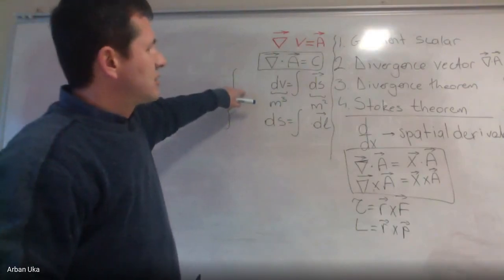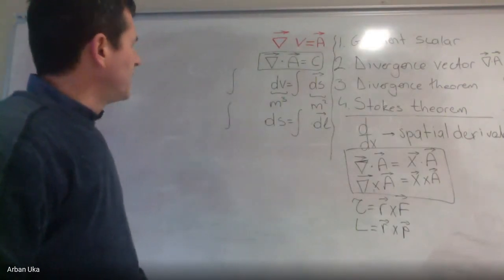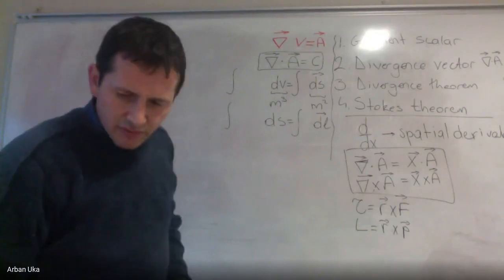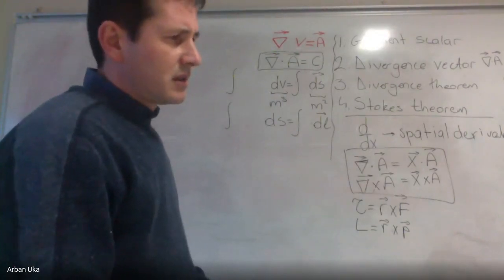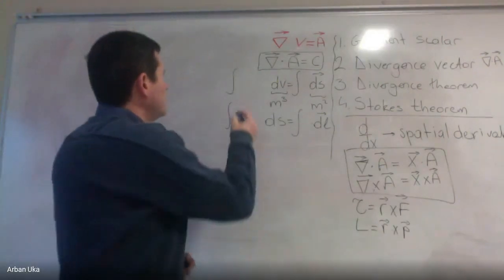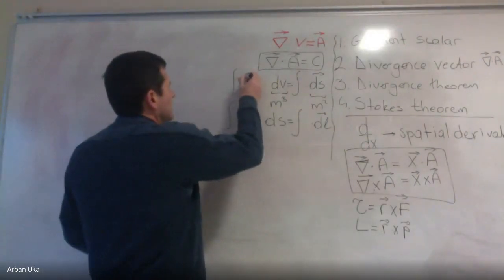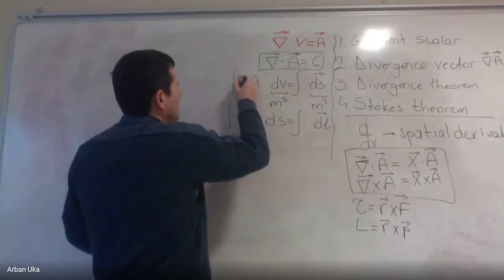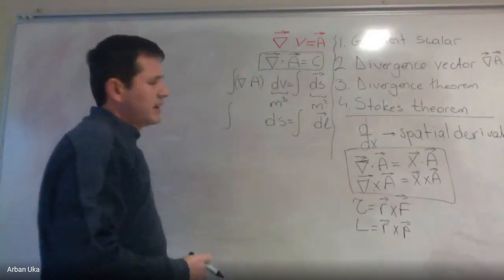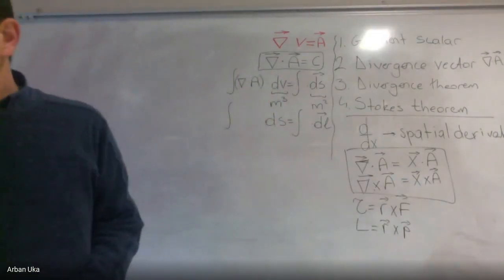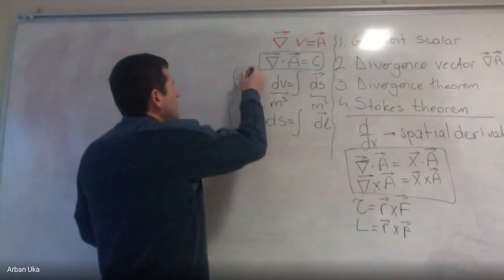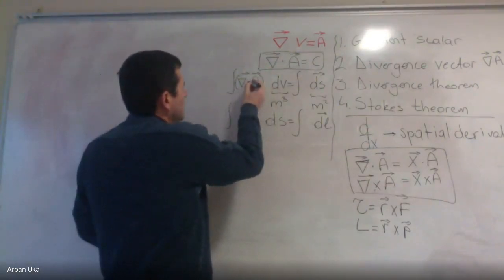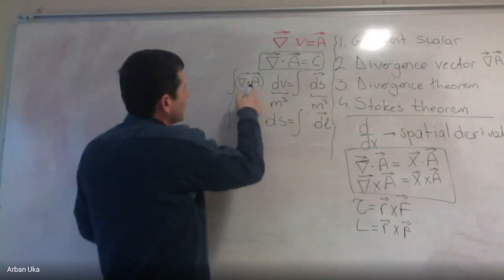Now, once we have these two components which belong to the spatial derivatives of the vectors, we can insert those into the divergence theorem and Stokes' theorem. For the divergence theorem, based on the name that it has, this is the divergence. We take the divergence of any vector A, and this is a vector dot product with a vector, so we get a scalar.